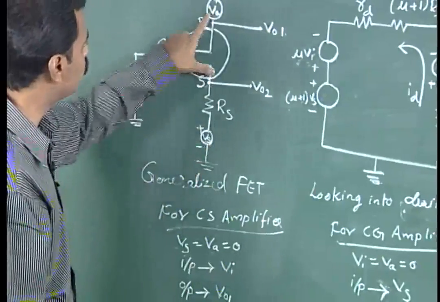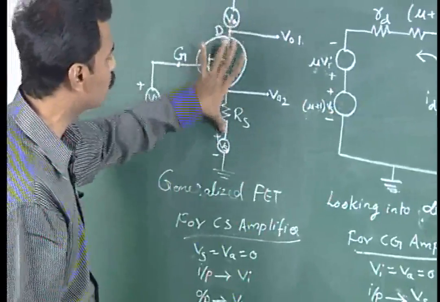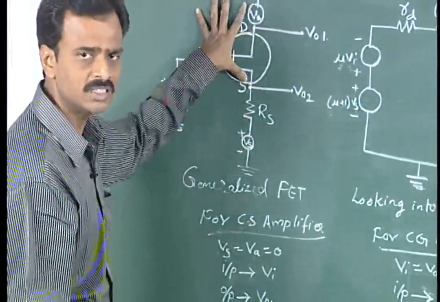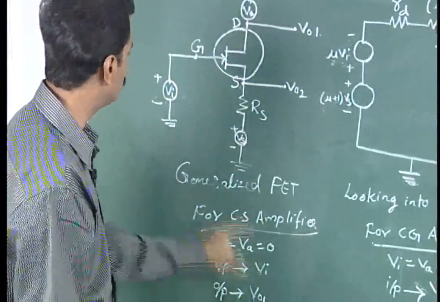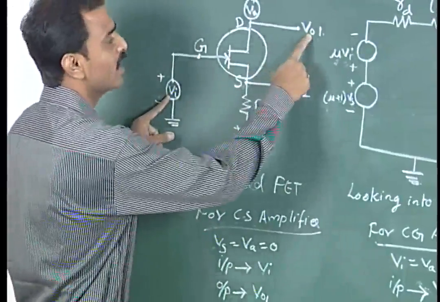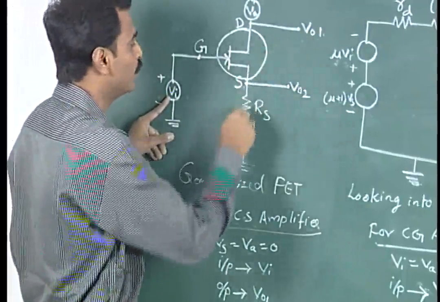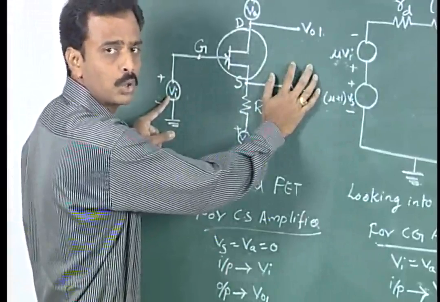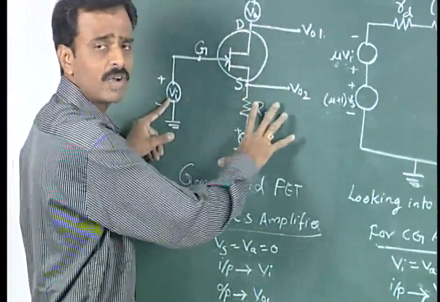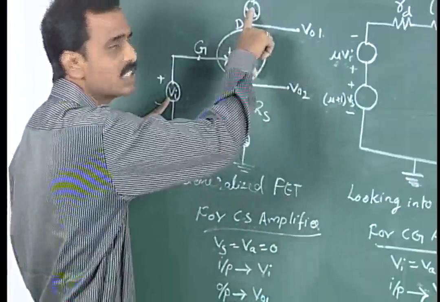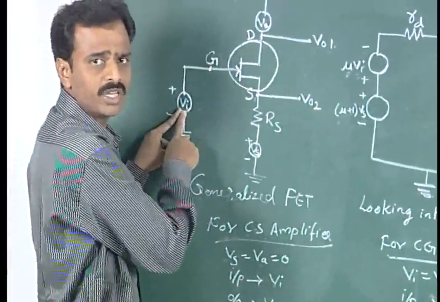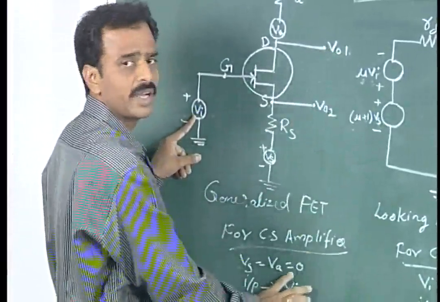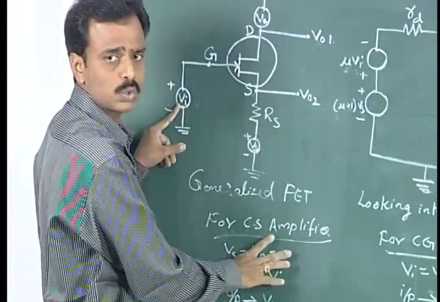Then the input voltage will be Vi, and the output will be taken across V01. As Vs is equal to 0, obviously there will be no voltage across V02. So for the common source amplifier, these two voltages will be 0, the input voltage is Vi, and we collect the output at V01. This is how we can calculate the voltages for the common source amplifier.